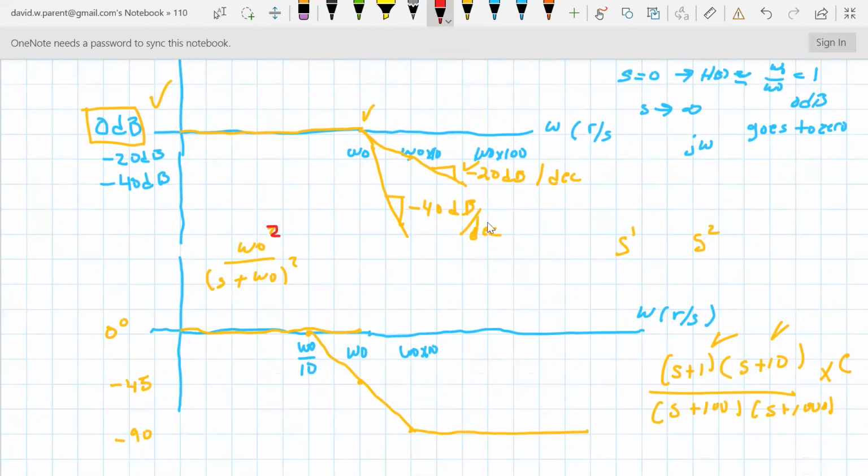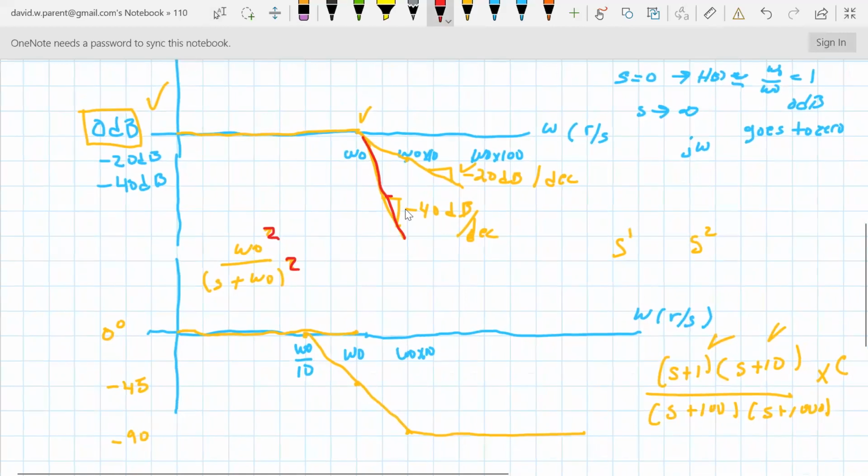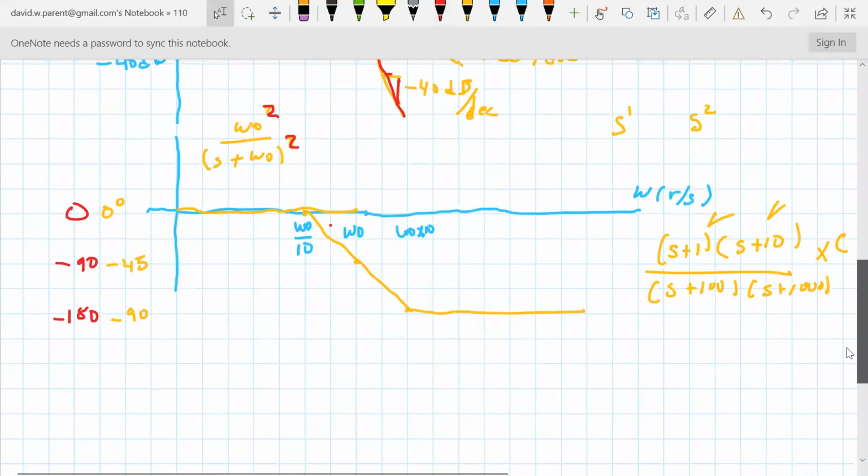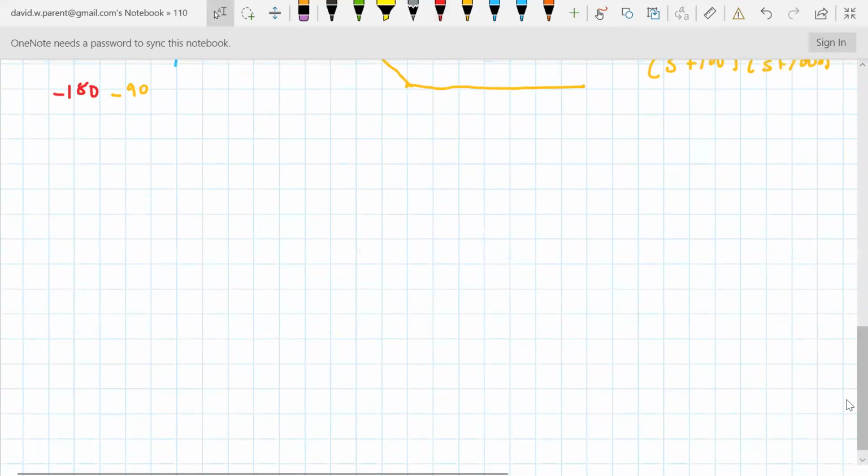And actually what I'm going to do is put this in red just by squaring it. Now you know that red means that's changed. And really, I would get the same thing, except this would be minus 180, and that would be minus 90, and that still stays at 0. So the low and the high pass, once you got those down, they're pretty straightforward.